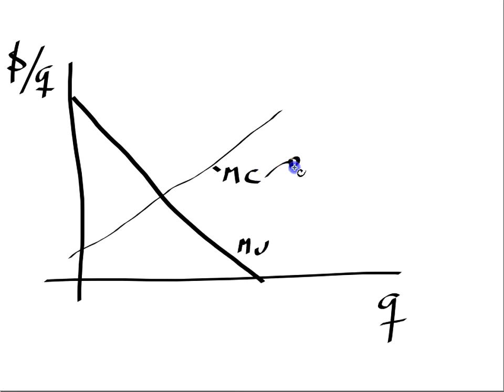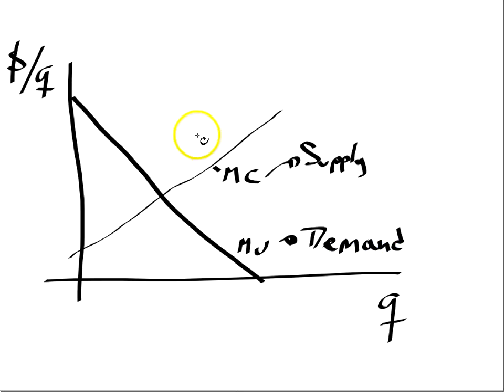This translates then into a supply curve, and this translates into a demand curve. And pretty much what we have here is that these two curves are going to meet about here at this point, and that's where both would be interested in trading.